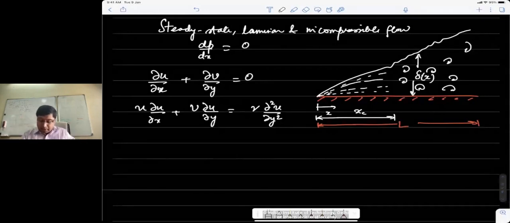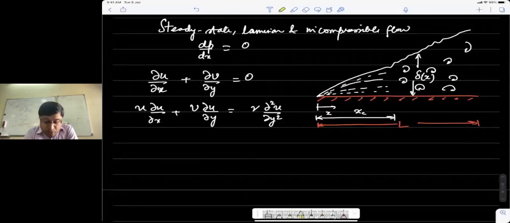Now, I mentioned one thing in the last class or maybe two lectures ago. I said something about an order of magnitude analysis as a way of how to solve this set of equations. So you may recall that I said if you look at continuity alone, for flow over a flat plate, I should actually also show this.